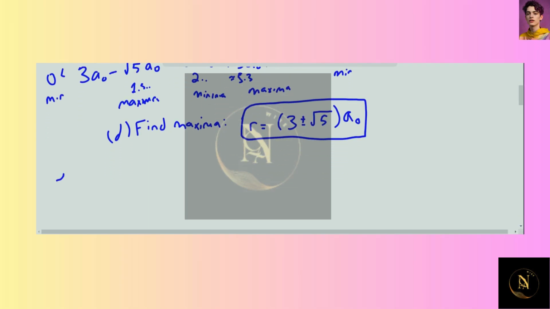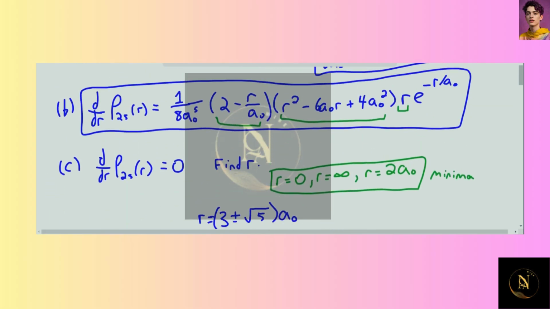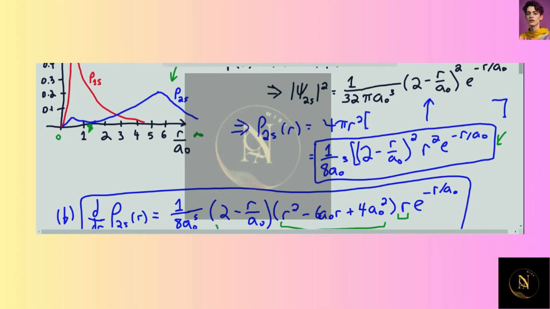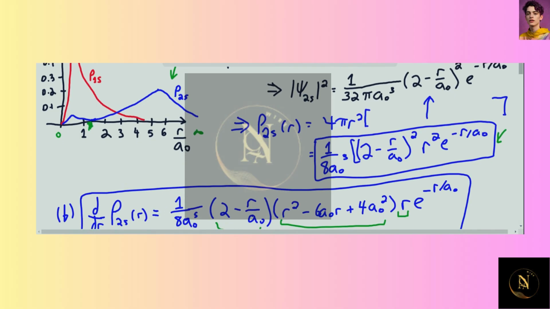Then it wants to know which has the highest probability. In that case, we have to go back and use this equation. We're not using the derivative equation anymore; we just used that to find the locations. So we know what the maxima are now.